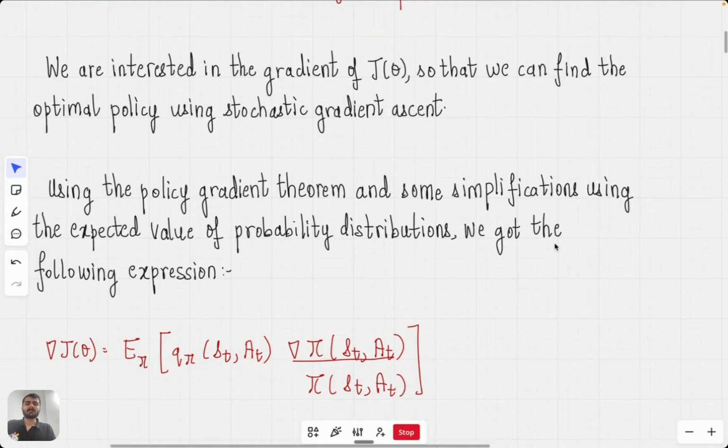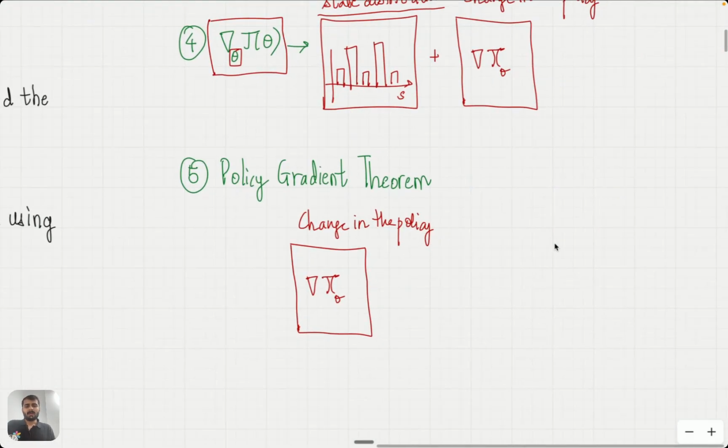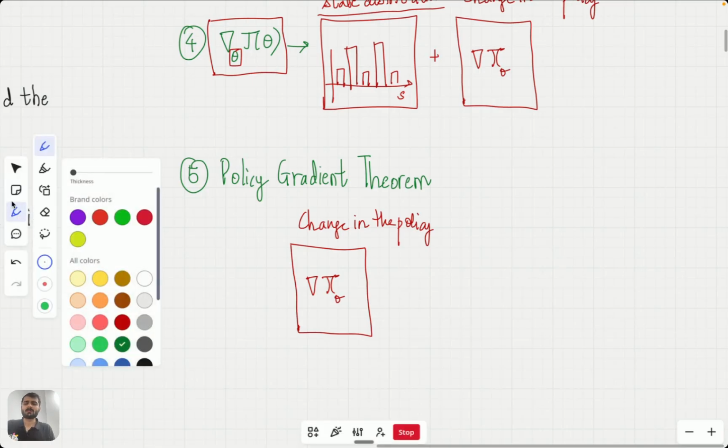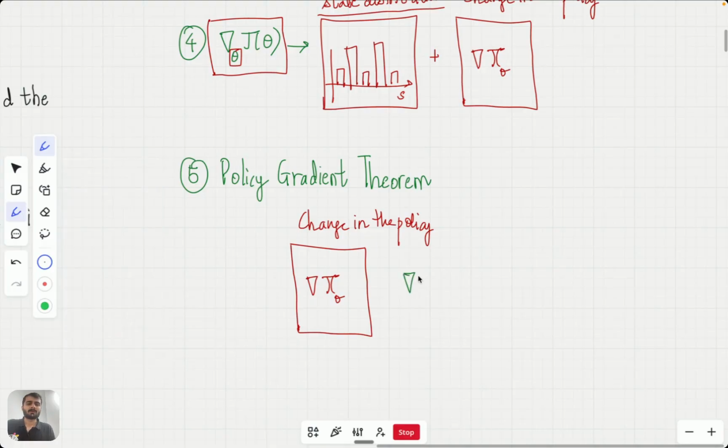And we looked at how the gradient of the performance measure is proportional to... essentially, what we saw was the gradient of J of theta is proportional to the state distribution mu of s, and then we sum over all the actions and we do q pi of s comma a, and then we do grad pi a given s theta.